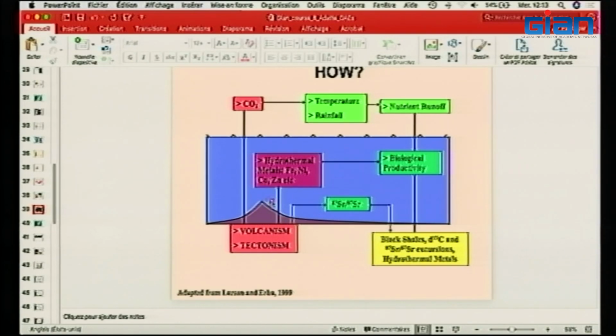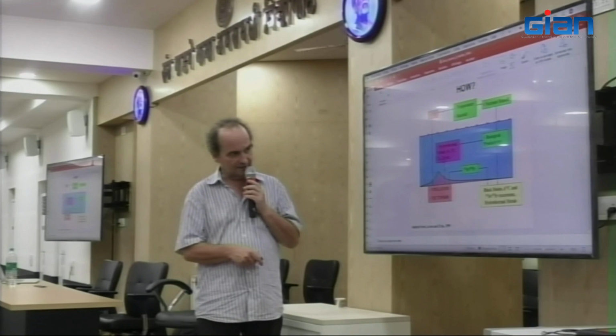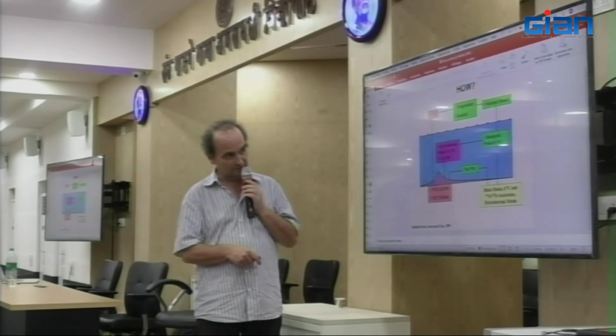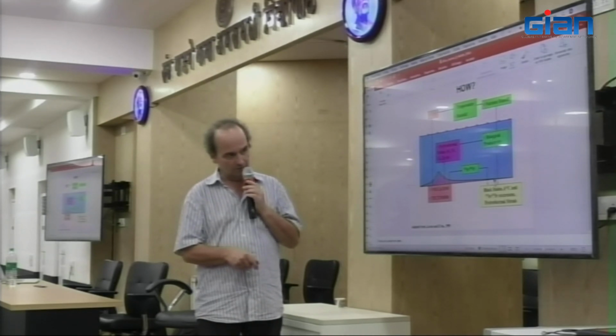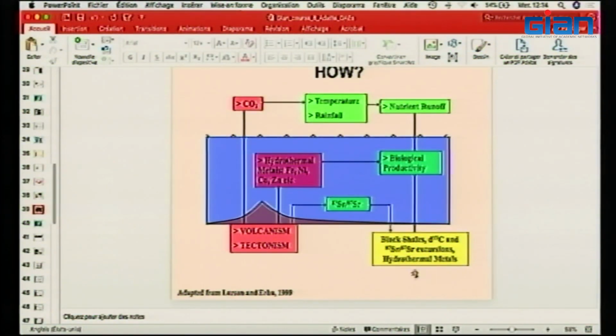And so the first thing that they do is provide to the sea a lot of metals linked to this activity, to the ridge. You have clearly iron, nickel, cobalt, zinc, cadmium, and as I said, these trace elements will boost the biological productivity in the sea. And this may also lead to black shale deposition.